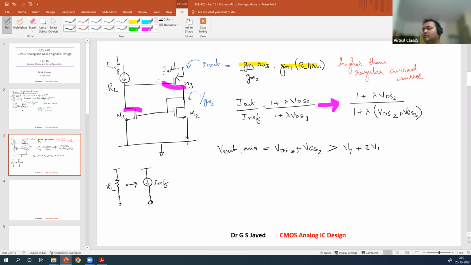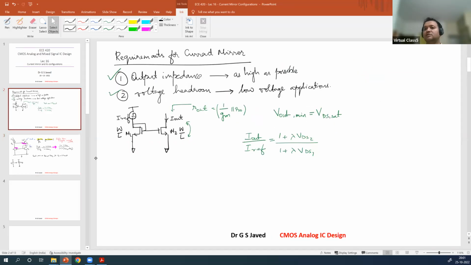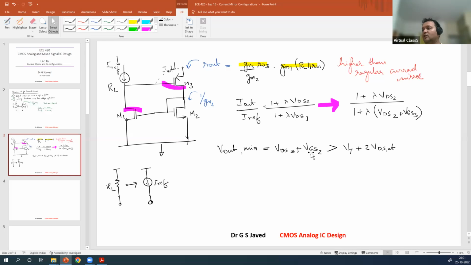2 VD set. Now, what would this give rise to? If you compare to the previous one, just VD set, your V out min is higher. So you have a lower headroom. Headroom is smaller.